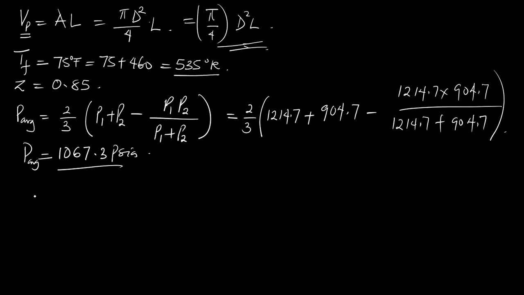We have the pressure at standard condition times the volume at standard condition, divided by the compressibility factor at standard condition, divided by the temperature at standard condition.